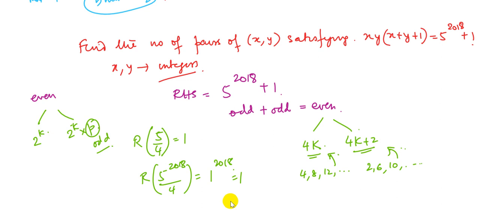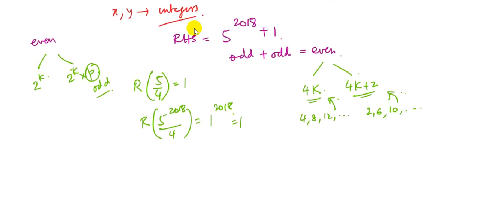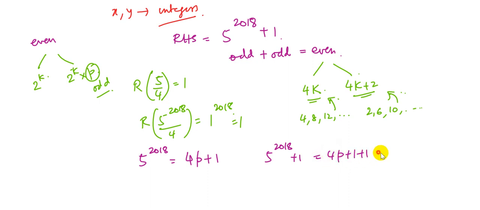So that means 5 to the power 2018 is of the form 4p plus 1. Remainder is 1 if I divide by 4. So 5 to the power 2018 plus 1 is 4p plus 1 plus 1, which is 4p plus 2. So the right hand side is of this category.